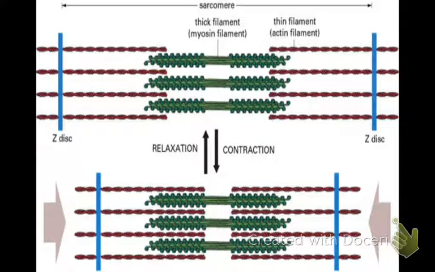That happens when cross bridges are made between the myosin filaments and the actin. So you see these little knobby ends here? Those knobby ends connect to myosin binding sites on the actin, and they do this power stroke.